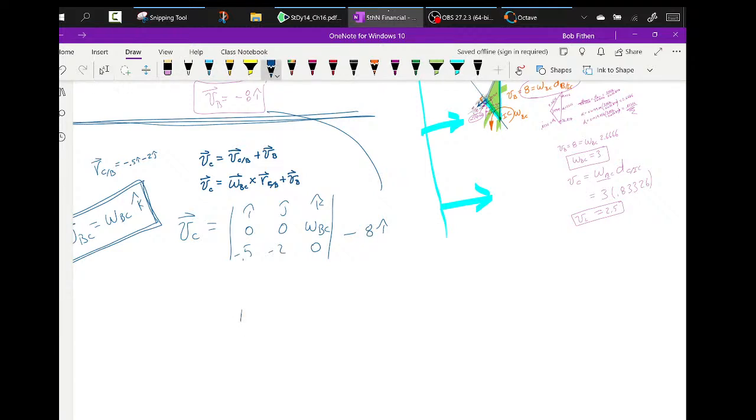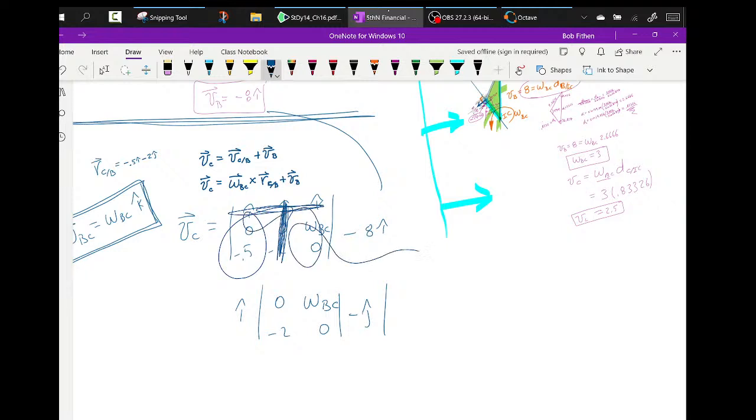But I'm going to go ahead and say I times, take this, take this, and put it right here. 0, omega BC, minus 2 and 0, minus j. Kill that off, this off, take these two, put them down here to take the determinant of them. 0 minus 0.5, omega BC and 0.